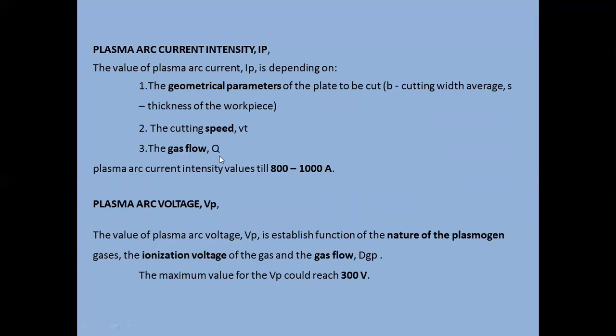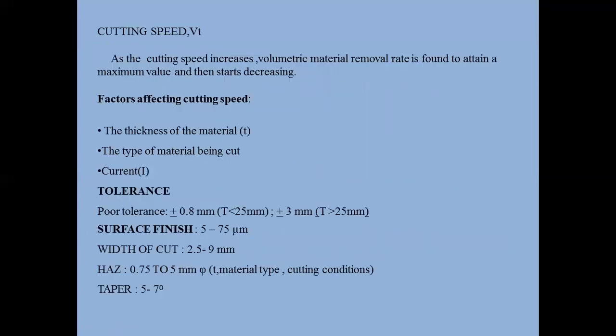Gas flow is Q. Plasma arc voltage will be indicated by V suffix P. Maximum voltage can be 300 volts. So the current intensity range is 800 to 1000 amperes, and voltage is around 300 volts maximum to be applied in plasma arc cutting.